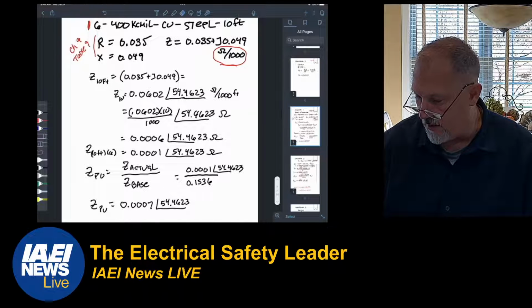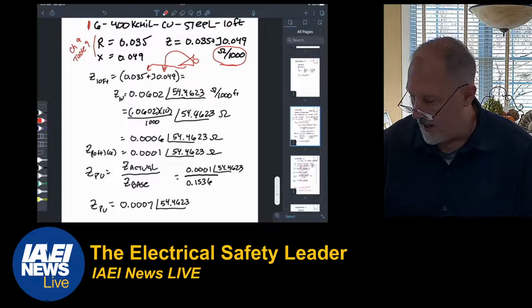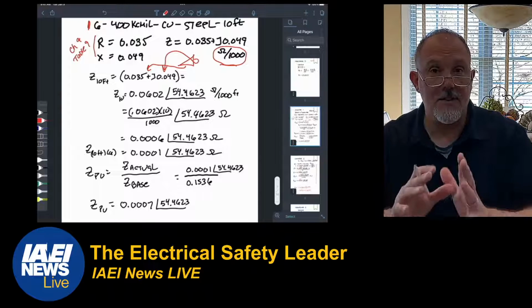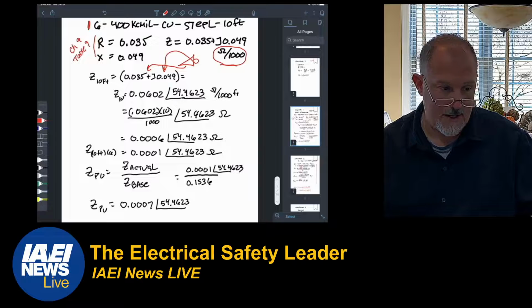So I got 0.035 plus j0.049. That's my triangle. The R is there. The X is there. And then I converted that to polar coordinates. How did I do that?